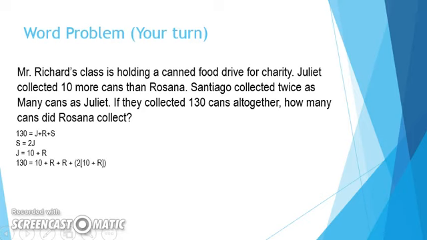Once you find each variable, you make an equation. Then you start solving the equation by combining like terms, subtracting, and dividing to get the right answer, which is that Rosanna had 25 cans.